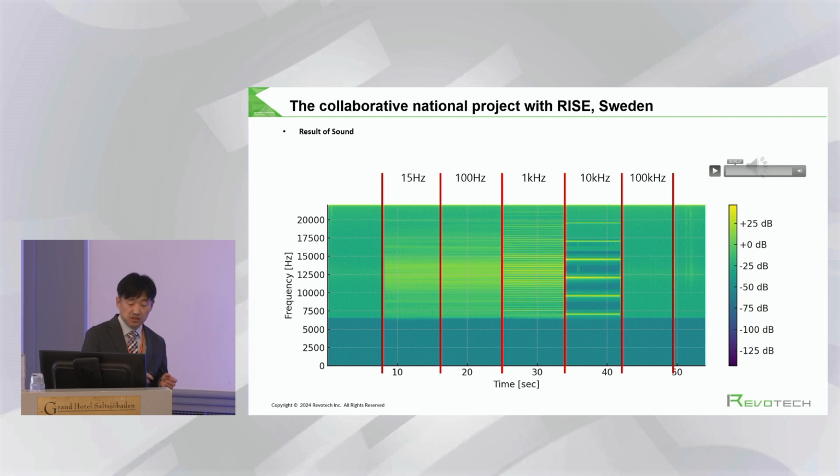In contrast, the IGBT doesn't operate reliably even at 10 kHz, whereas the SiC MOSFET functions normally even at 100 kHz. This indicates the superior high frequency performance of the SiC MOSFET compared to the IGBT. Shall we listen to it?